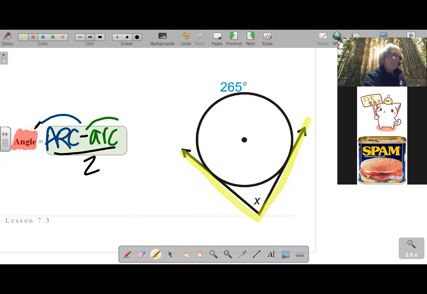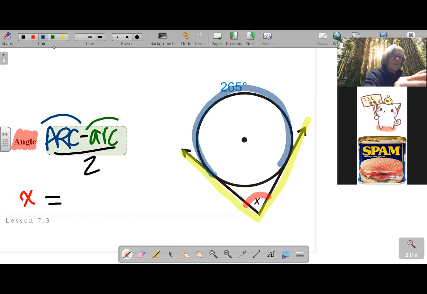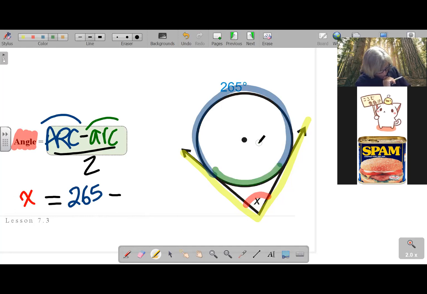What are we putting in place for the angle? An x. Yes, ma'am. What are we putting in the place of the big arc? 265. Yes, ma'am. What's going on with the small arc? We don't know it.